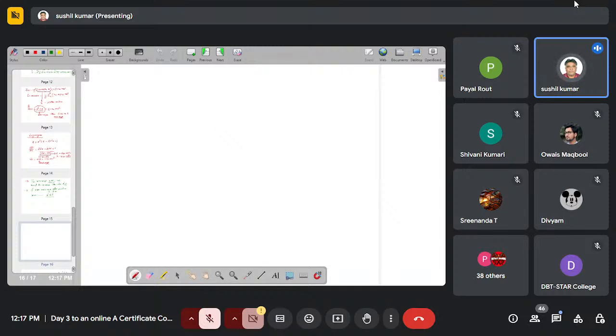So I will take one numerical example so that you can understand it. So what I will do here, same thing: I will take some data here. Then step 2, I will compute the mean vector. The mean vector is always required.